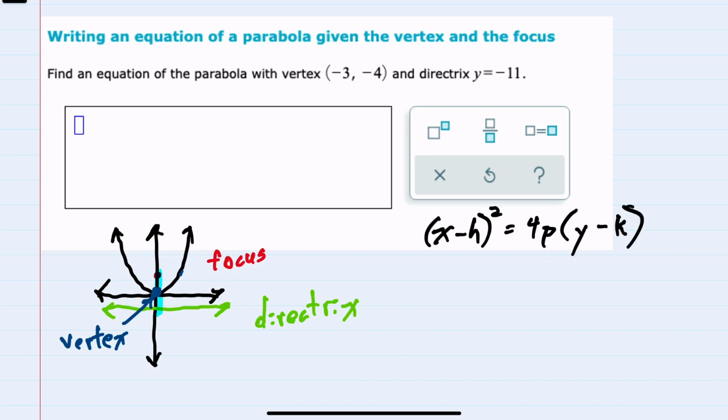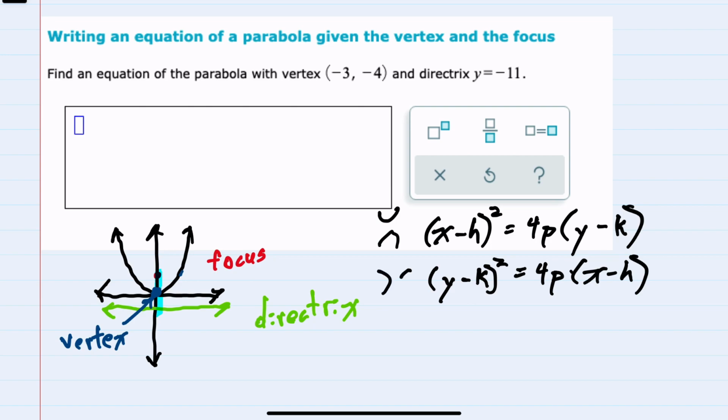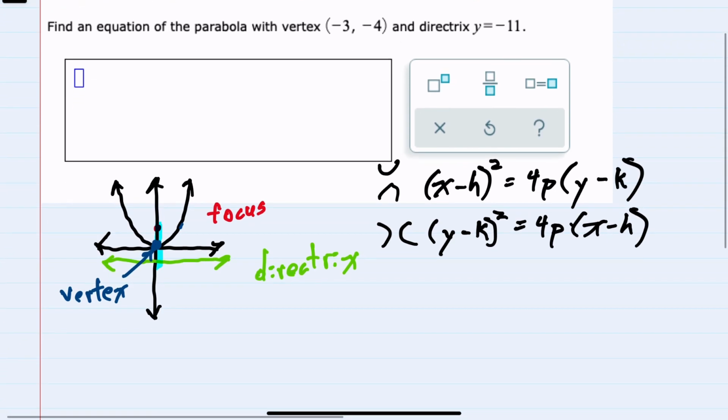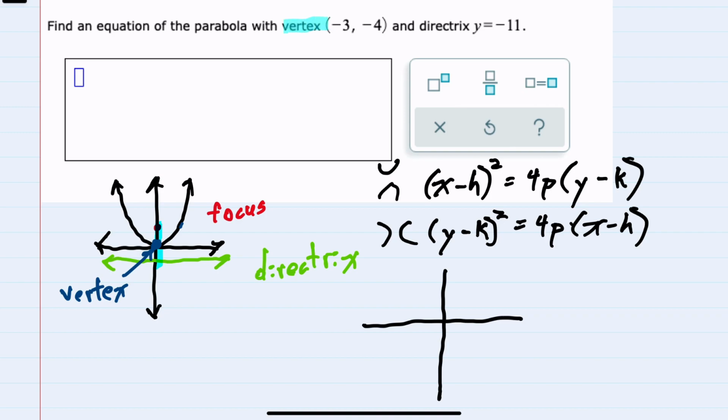And when it comes to our two forms, our standard form for the parabola that opens up and down is x minus h squared equals 4p times y minus k. And when the y minus k is squared and 4p times x minus h on the other side, these open left and right.